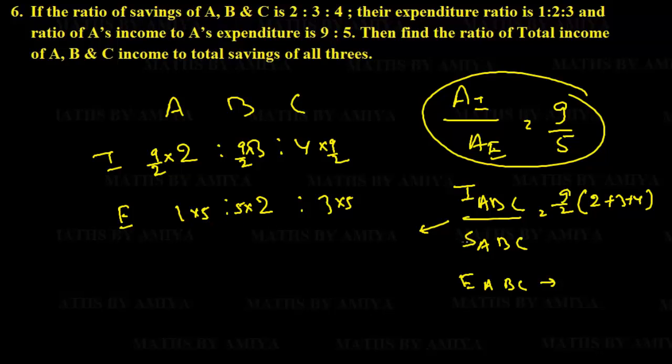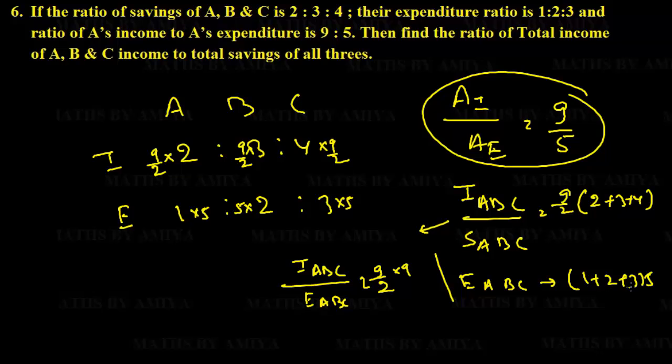That is 5 common, so this is nothing but 1 plus 2 plus 3 into 5. So income of ABC upon expenditure of ABC is nothing but 9 by 2 into 9, and here it is nothing but 30. So our income becomes 81 and expenditure becomes 60.